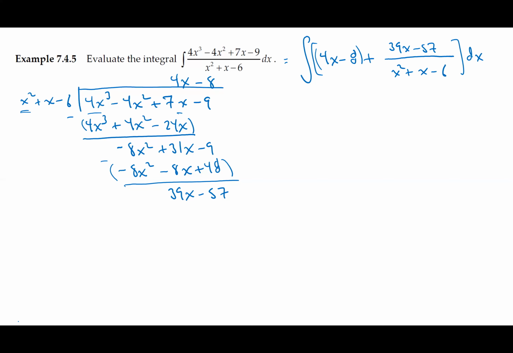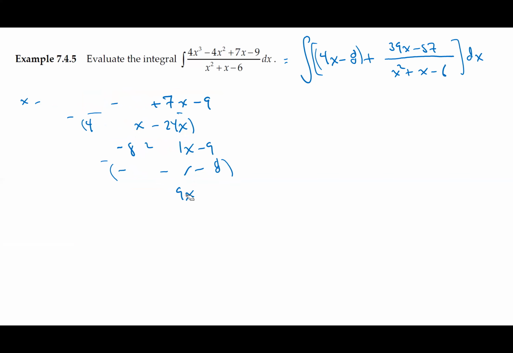And so what we can do now is, I'm going to get rid of this just to give myself some room. So I can break this integral up, which is exactly what I'm going to do here.